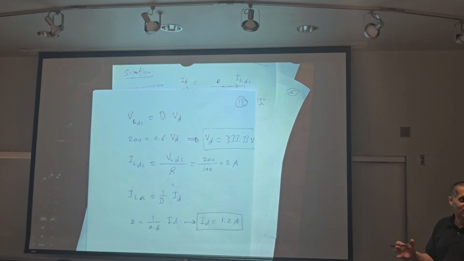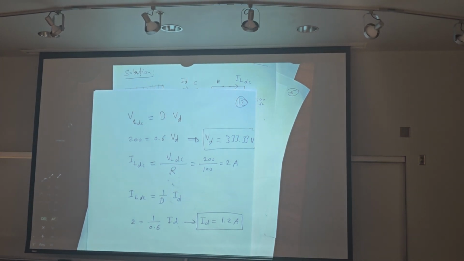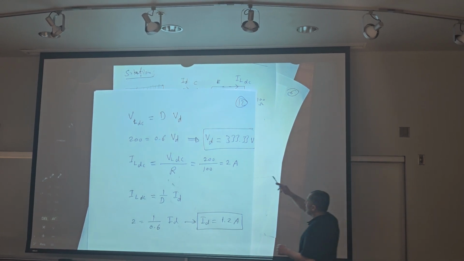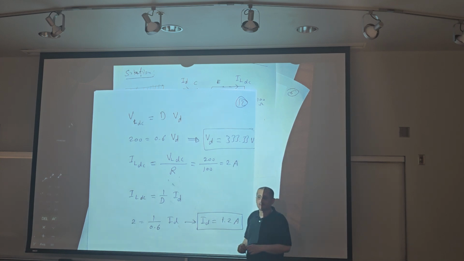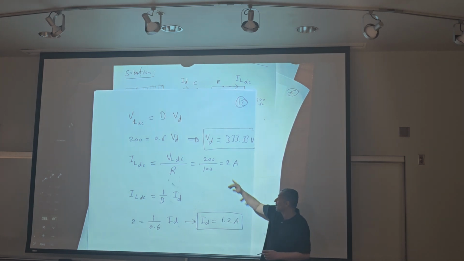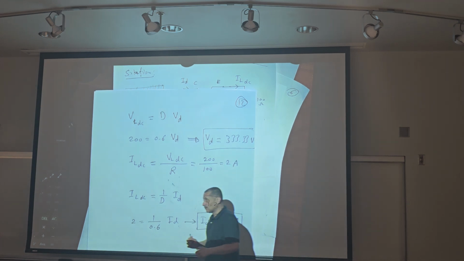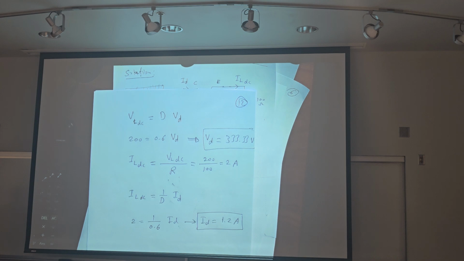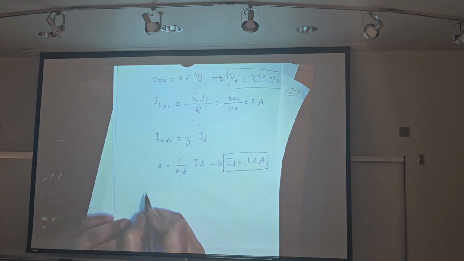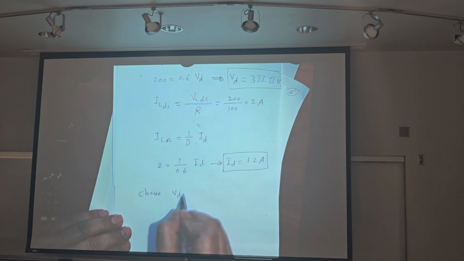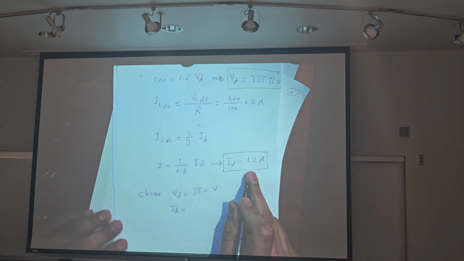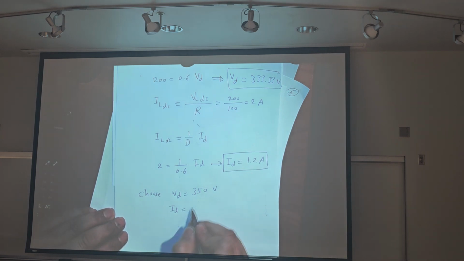It is difficult to get exactly this voltage value, so you can make it 360 or 340, more than the calculated value. So now choose 340 or 350. Choose VD 350 volt, ID 2 ampere.